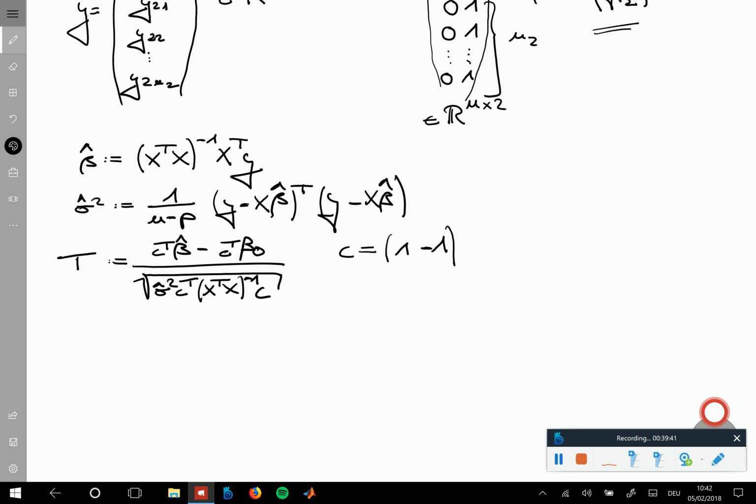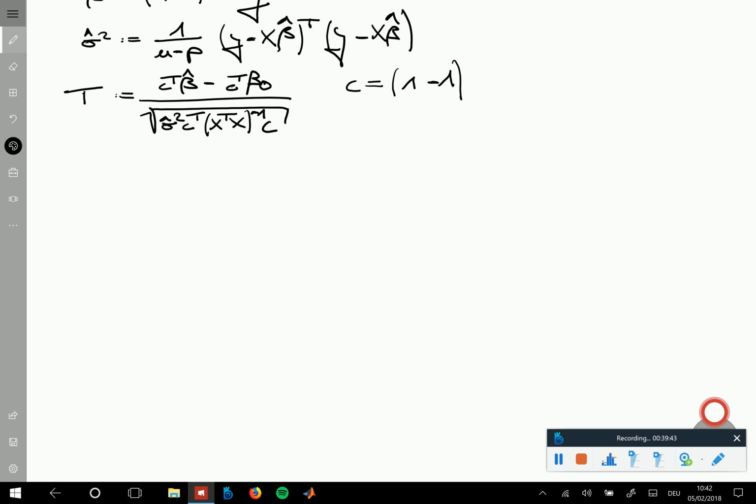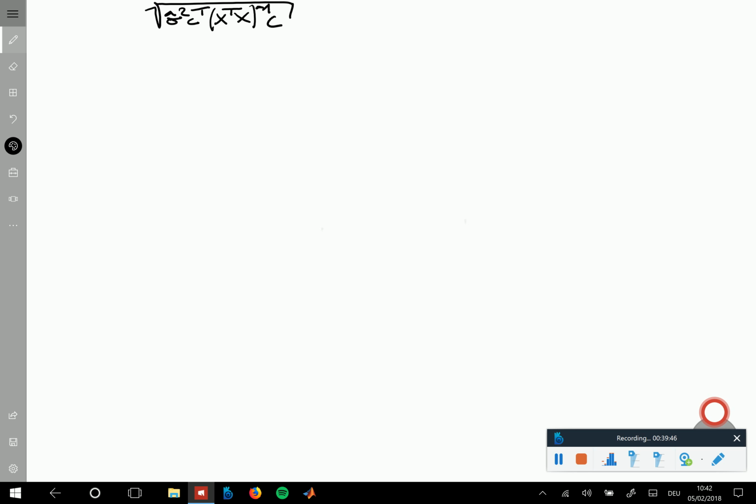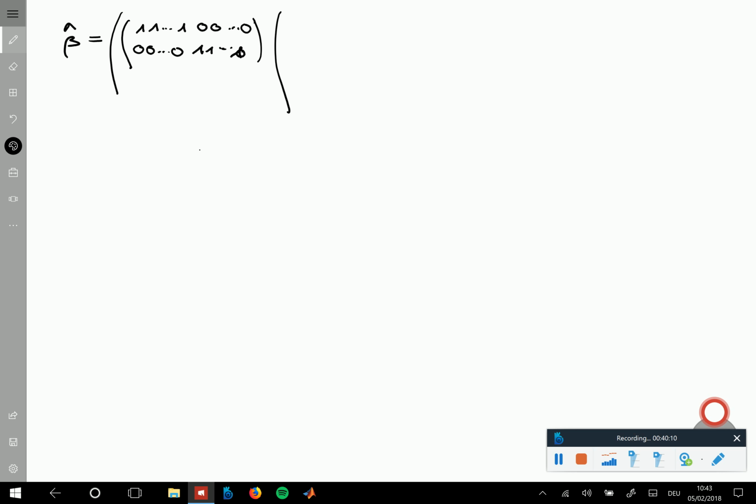the beta estimate. So if one now plugs in the design matrix that we've just defined into the formula for the beta estimate, then one has to transpose it and multiply it with itself.